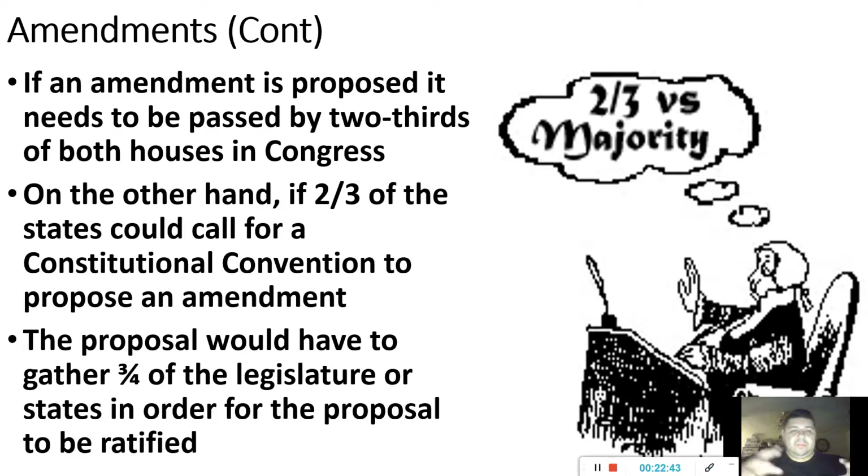So let's say California, three-quarters of the state says yes, we agree to this law. We want it. Then California becomes one state that says yes. And then they're going to need 32 more. So, like Nevada, Arizona, New Mexico, Colorado, Ohio, Illinois, they would need 33 of them. And if they get 33, then that becomes law.